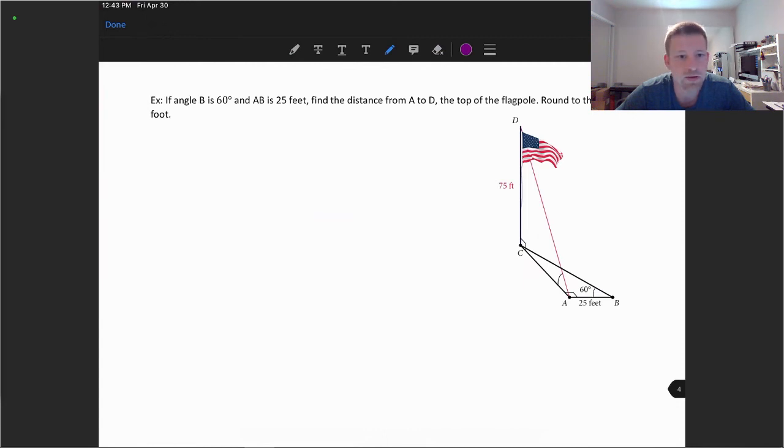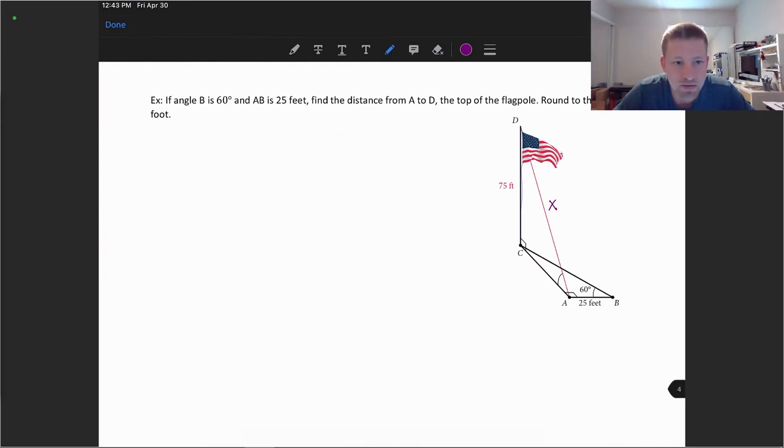Round to the nearest foot. So we would like to go out and solve for this red line, and I'll just label this as an X for right now, this length A to D.